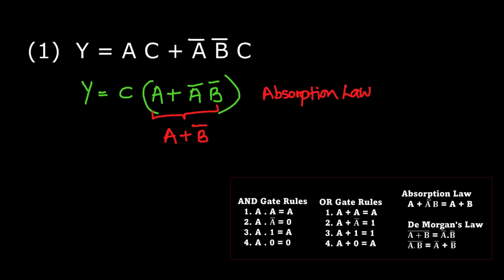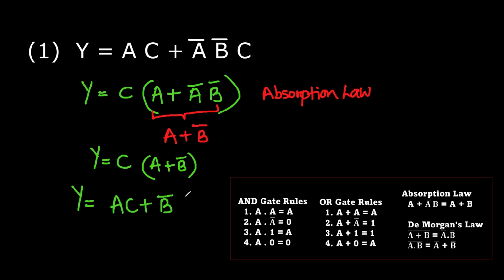Using these terms, we can now come to C and A or not B. So this is what you're left with. Your final answer is going to be AC or not B, C, coming to the final conclusion using the absorption law.